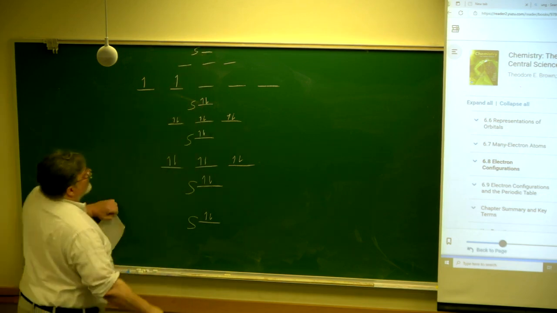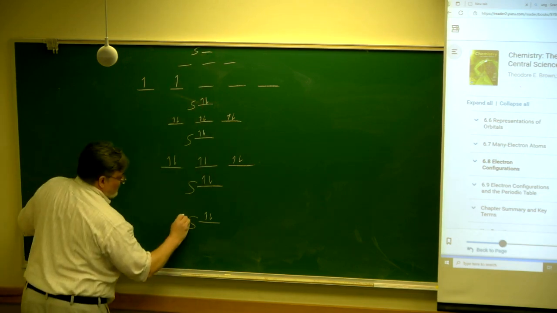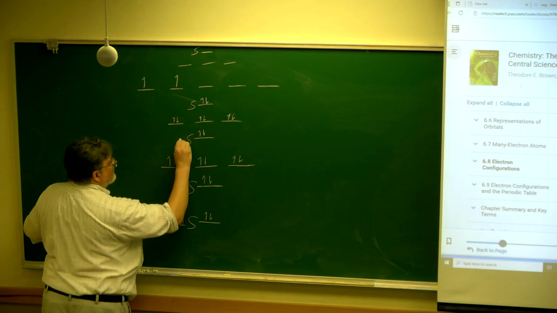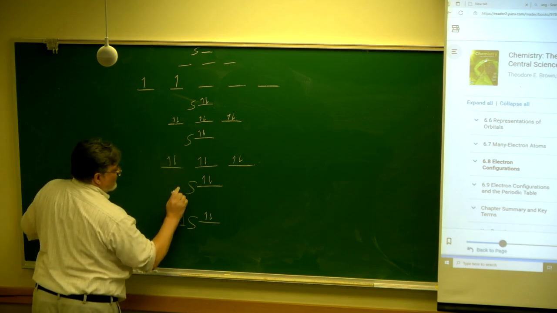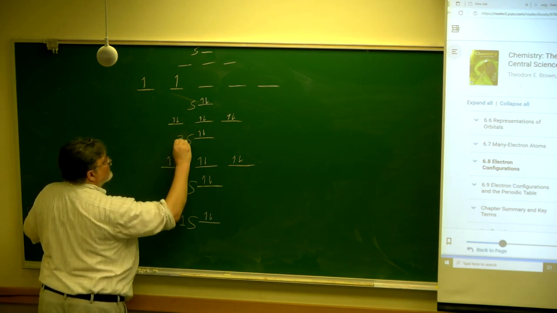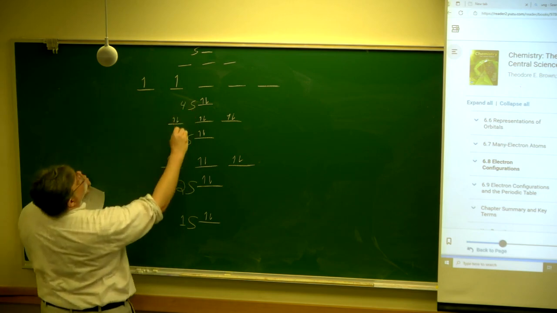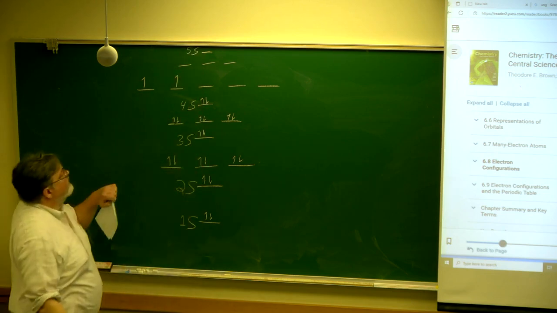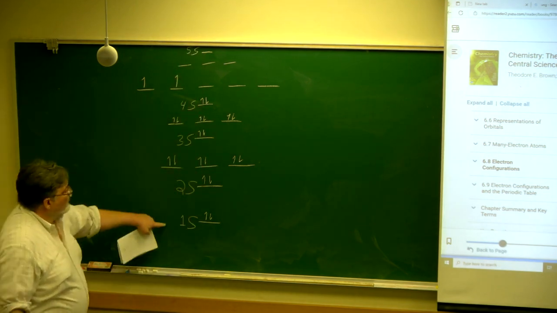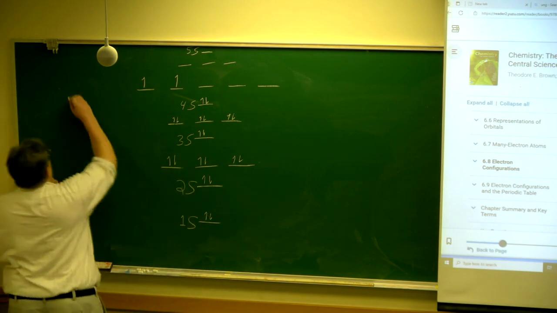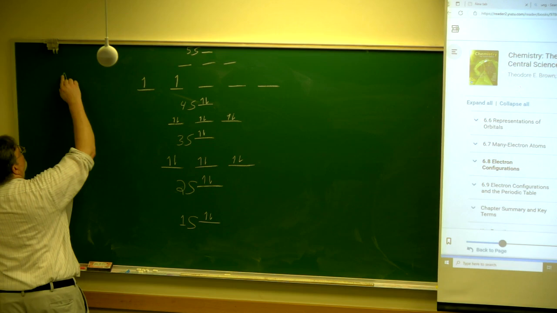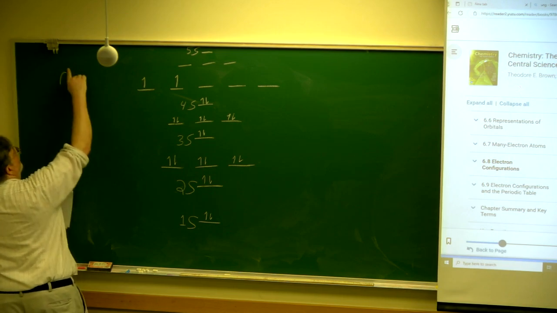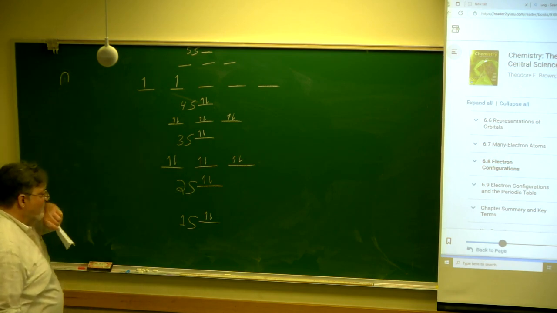And if I go back over these S's and I just number them, 1, 2, it's 2S, 3S, 4S, 5S. That number, the 1, 2, 3, and 4, that's the first quantum number. That's called n, lowercase n, known as the principal quantum number.